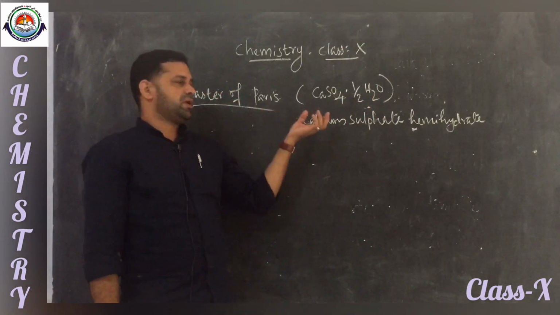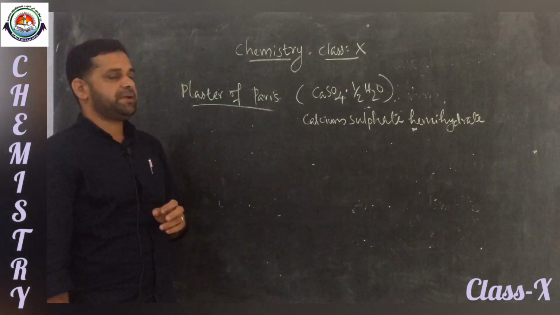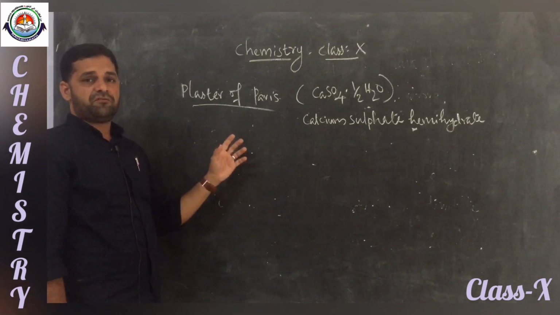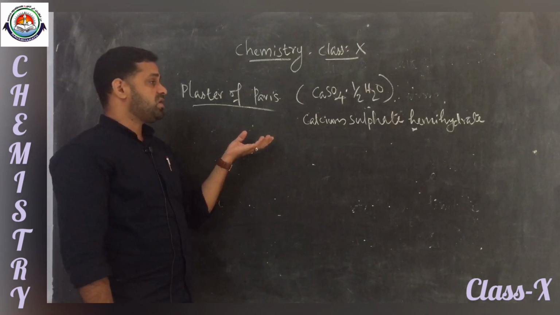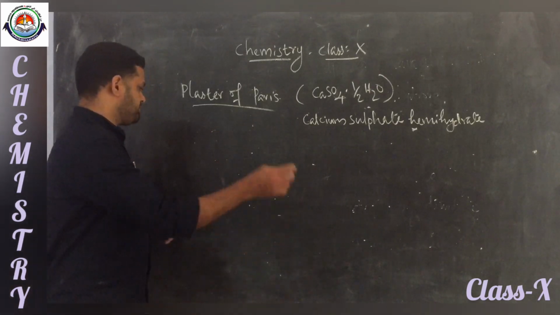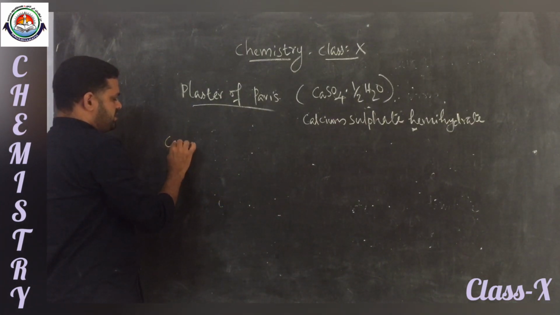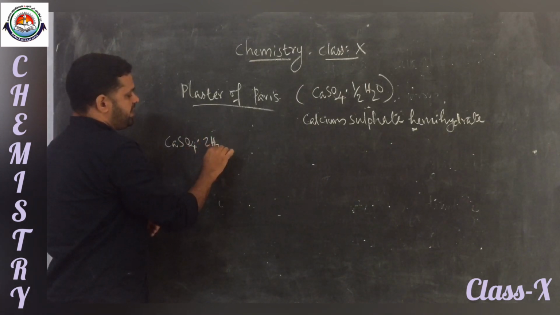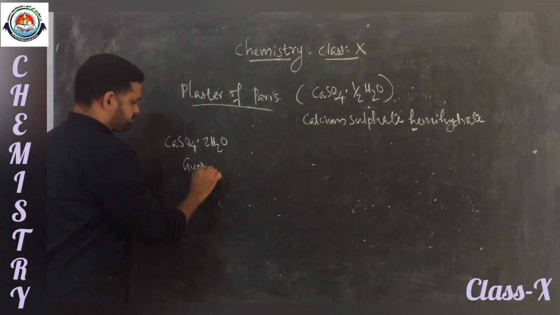Now, let us see how we can prepare plaster of Paris. It can be prepared by the controlled heating of gypsum at 373 Kelvin. What is gypsum? Just before I told you, gypsum is CaSO4 2H2O, calcium sulfate dihydrate.